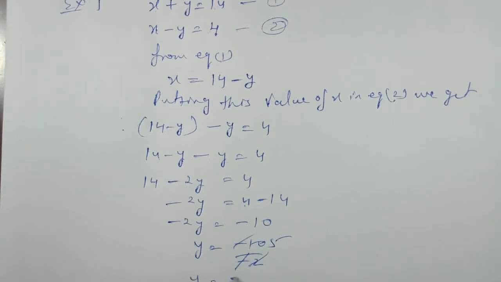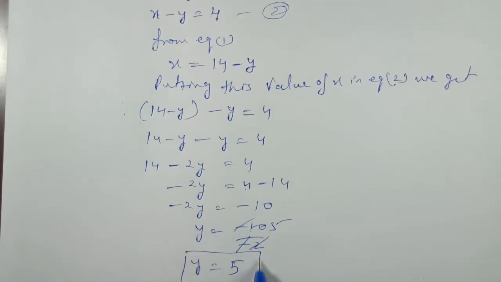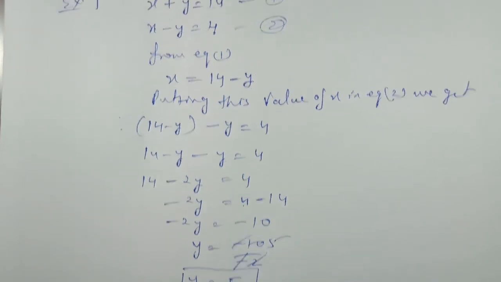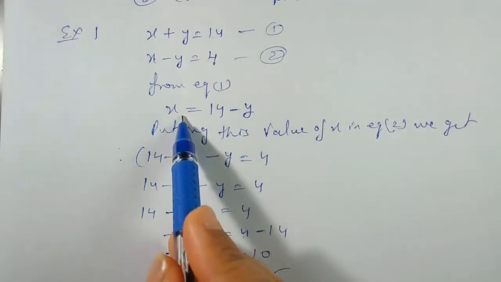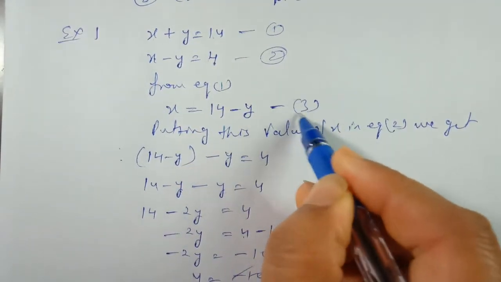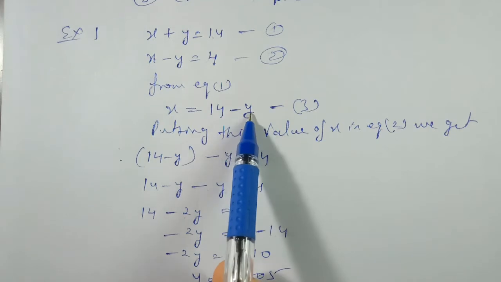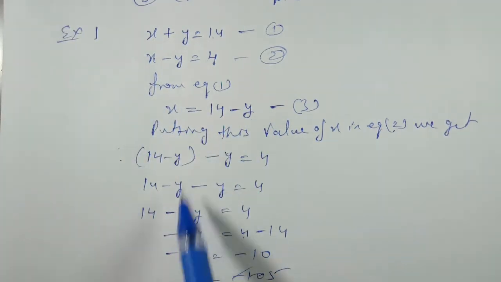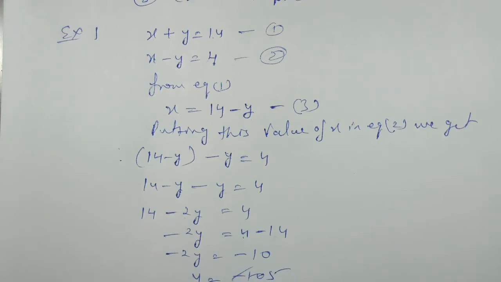So we are getting the value of y as 5. Let this be equation number 3. When we put the value of y over here, we'll get the value of x. This way we can find the values of x and y, or the solution of the equations.